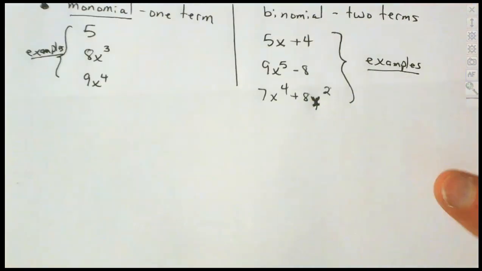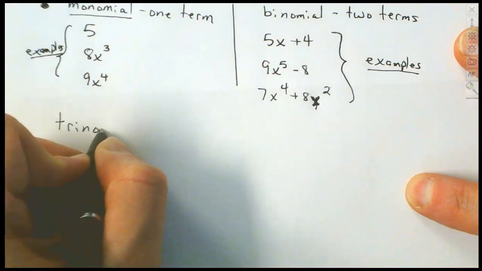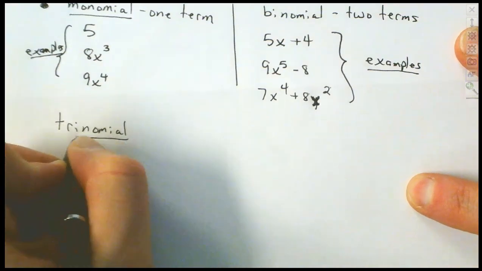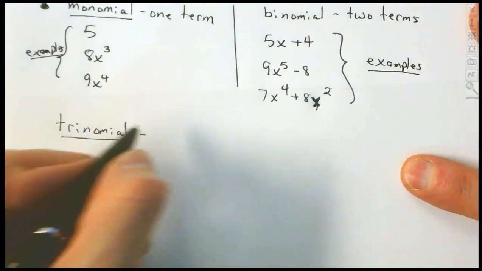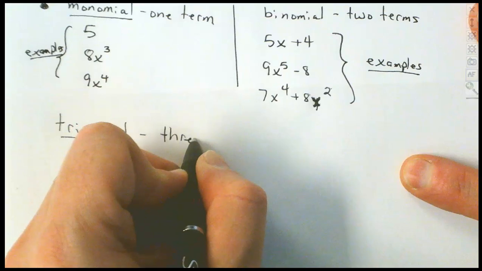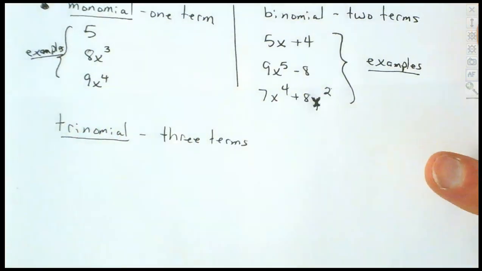The last one is the trinomial. Okay, and when we talk about trinomials, these have three terms. And again, a classic example, tricycle. 3 wheels on a tricycle. Trinomial has 3 pieces.